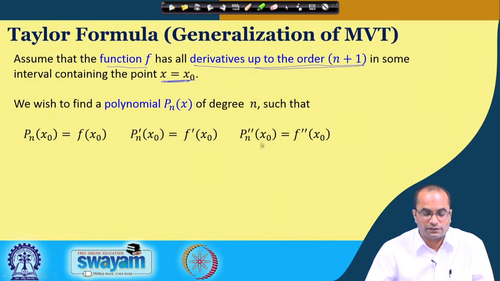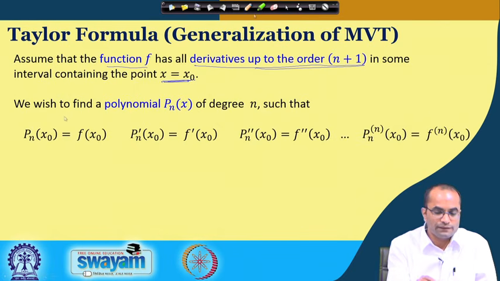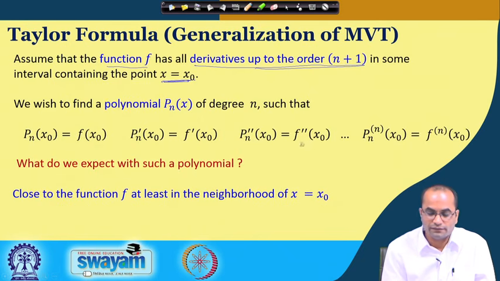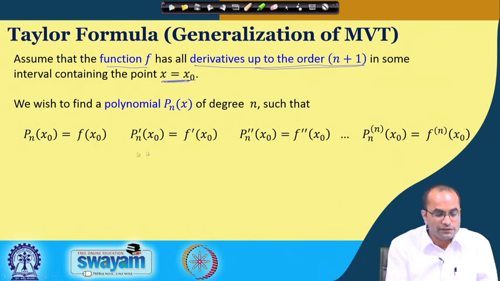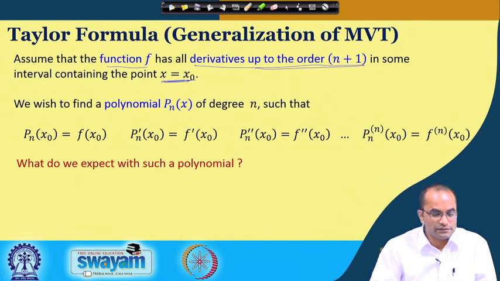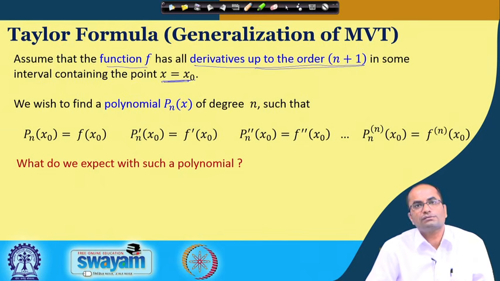Third, the second derivative of this polynomial at x 0 is equal to the second derivative of the function at x 0, and so on. So, we assume that the function value itself, the first derivative, the second derivative and the nth derivative, they all are equal to the derivatives of the polynomial. Having these conditions, what do we expect from such a polynomial?